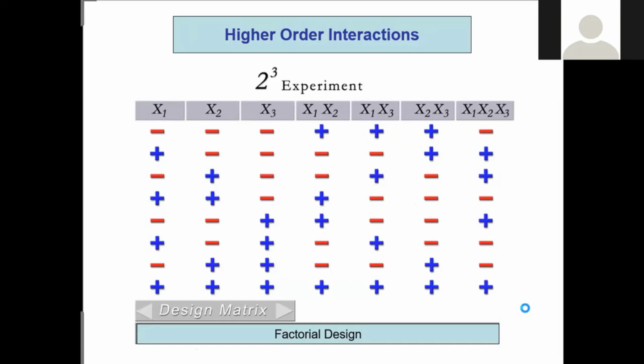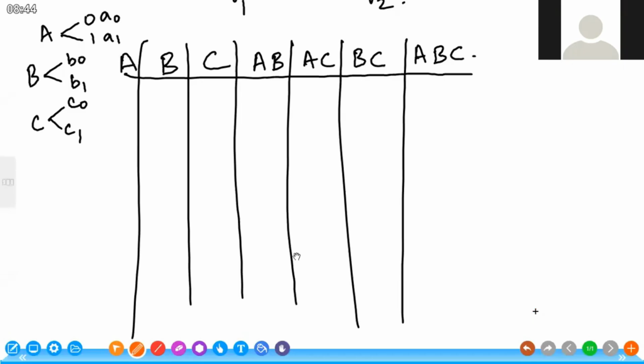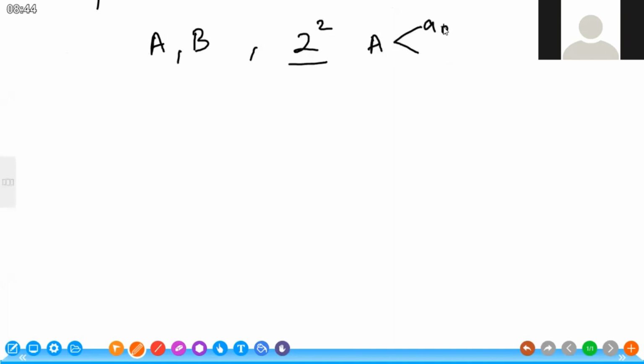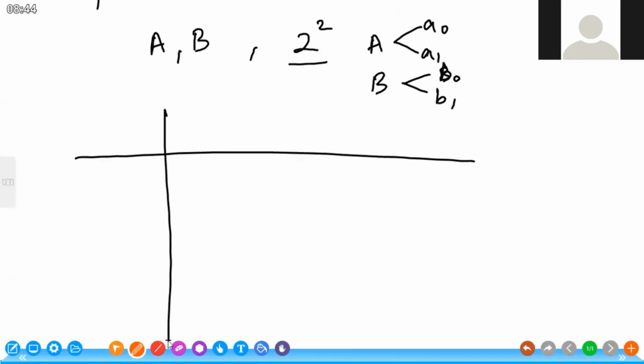You should just know what is happening. First I will talk about, let's say, two factors, 2 to the power 2. So we call it A0, A1, B0, B1. Now, let's say A, B, main effects, AB.